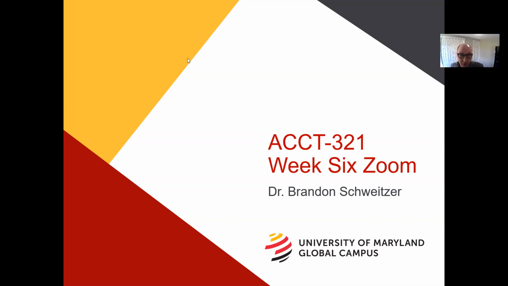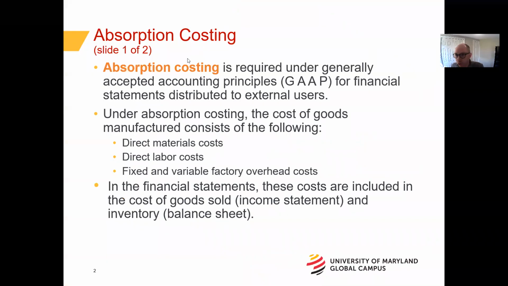Today we're going to be talking about absorption costing. The way I want you to think about absorption costing is think about the cost of manufacturing. You have direct materials, direct labor, factory overhead. Within factory overhead, we have fixed and variable factory overhead.